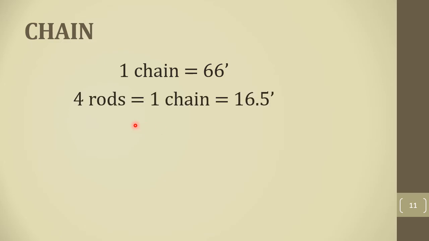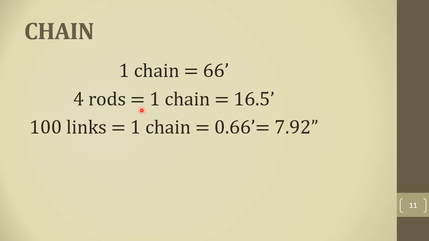The chain is broken down into 4 rods of 16.5 feet each, and each rod is broken down into lengths, and 100 lengths equals 1 chain, or 7.92 inches. The chain here is a surveyor's or Gunter's chain, and it was developed by an English clergyman and mathematician back in 1620.